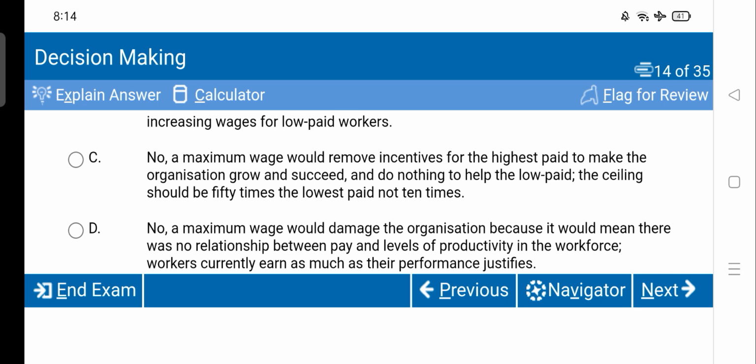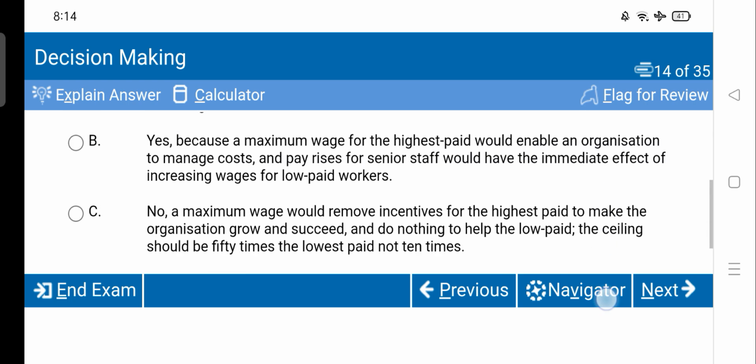Option D, no. A maximum wage would damage the organization because it would mean there was no relationship between pay and levels of productivity in the workforce. Workers currently earn as much as their performance justifies.